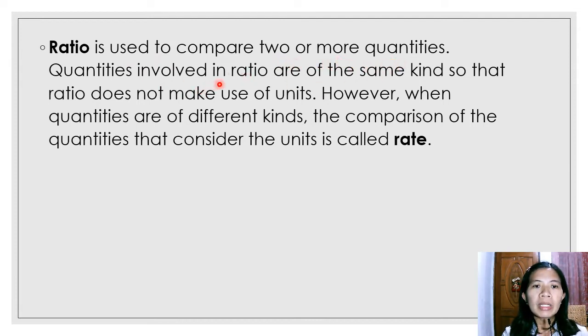Quantities involved in a ratio are of the same kind, so a ratio does not make use of units. However, when quantities are of different kinds, the comparison of the quantities that considers the units is called a rate. So when we say ratio, they are of the same units, but when we say rate, it could be different units.